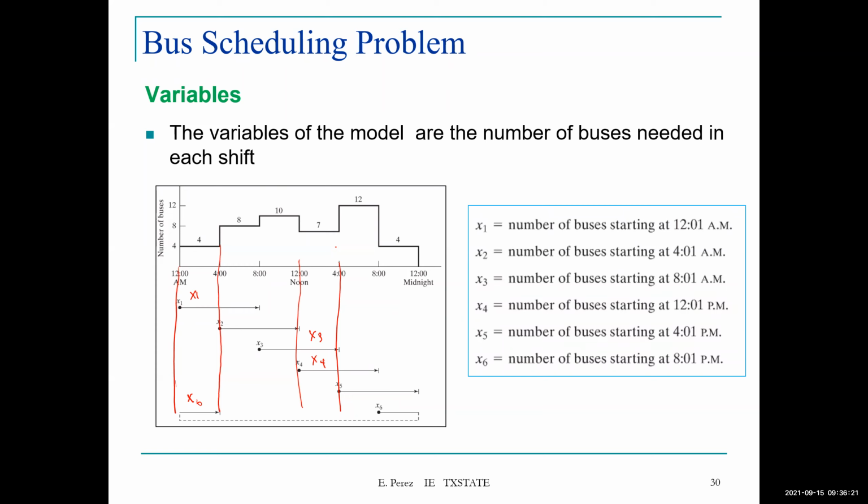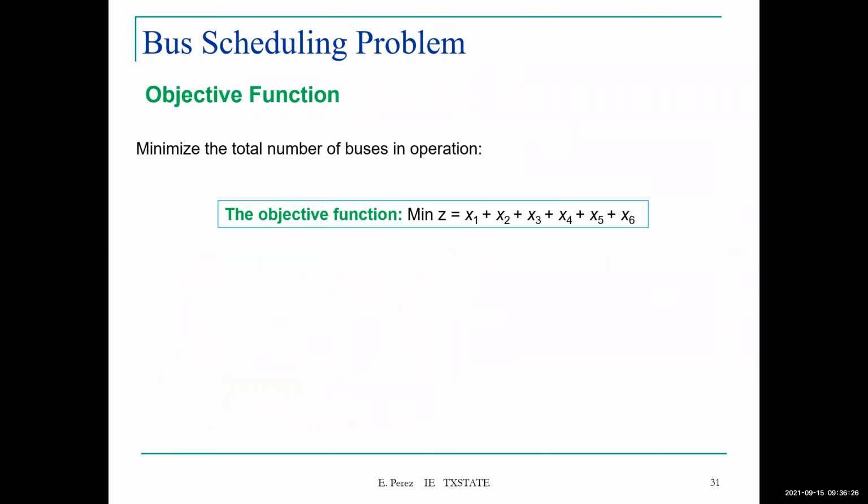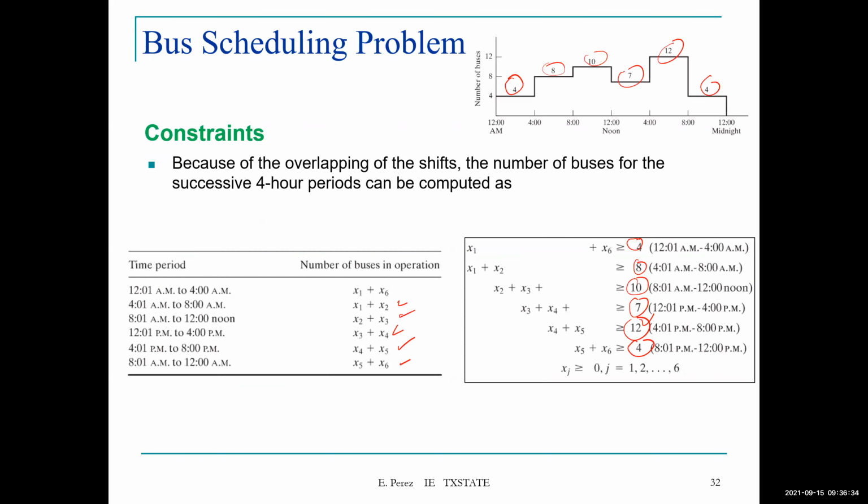finding an objective function and finding the constraints for this problem. So the objective function was to minimize the summation of the total of buses. So we want to make sure that we have the minimum number of buses. And the constraints were defined in terms of the different shifts. So number of buses in operation, and then when.